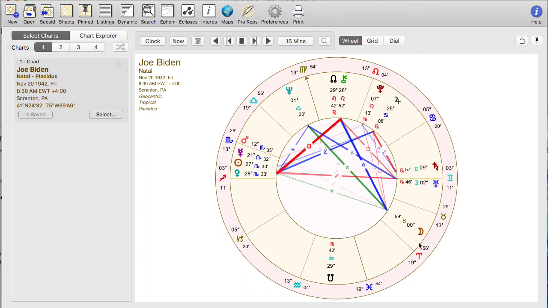The moon appears in Joe Biden's house of children, and the moon rules over Jupiter in the 8th house. The 8th house is about trauma, death, rebirth, and he did lose his first wife and I believe his daughter in a car accident, a traumatic accident, and they died.